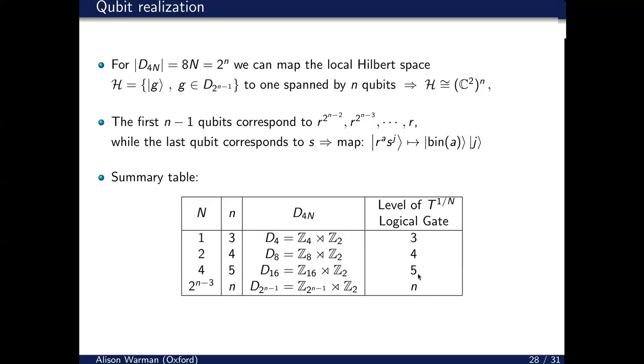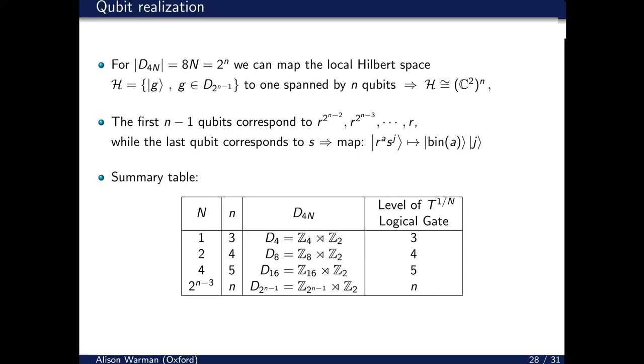So for example, if we wanted level 5, we would need 5 spatial dimensions. Whereas using these dihedral groups, we can reach an arbitrary level just by increasing the number of qubits on each edge of the lattice, but remaining purely 2D and keeping the nearest neighbor Hamiltonian.